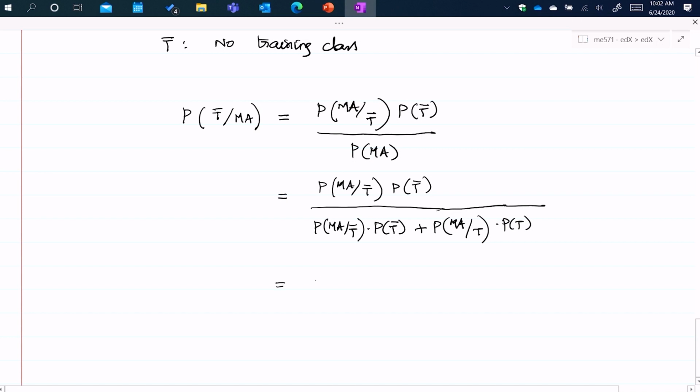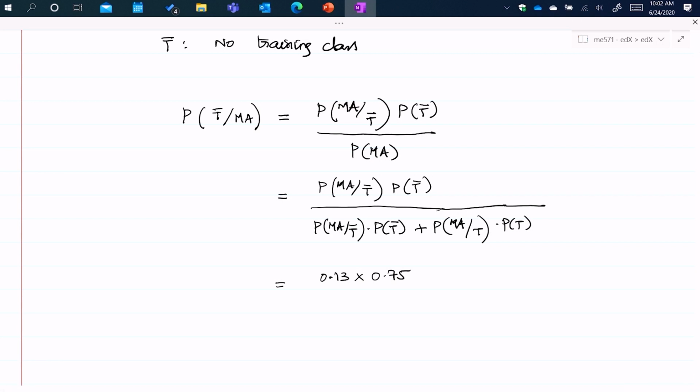So now I can go ahead and substitute the numbers. The probability of MA given no training is 13%. We're given that. And we know the probability of no training is 75%, so that's 0.75. We are told that only 1/4 of the employees belonging to group A have taken the training class.